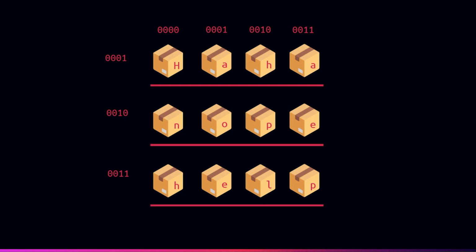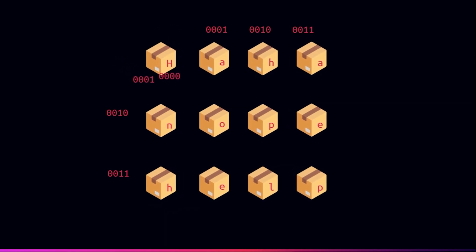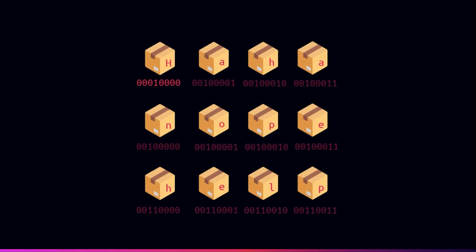Okay, so if we take that position, for example, and we combine those two indexes, so we have the shelf number, and we take those 4 bits of information, and we take the index number, which was 0. Remember, these are just human numbers translated into binary. We now have a single number that represents that box's information in memory. And we can go ahead and do this for all the other numbers.